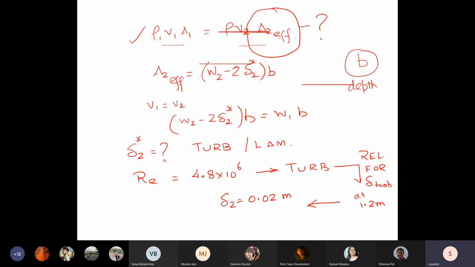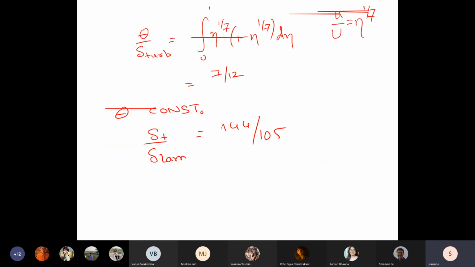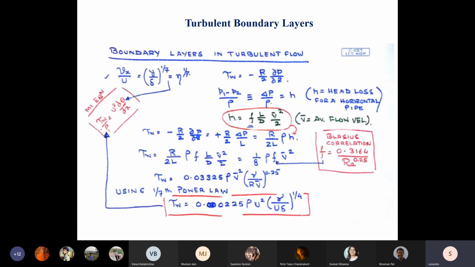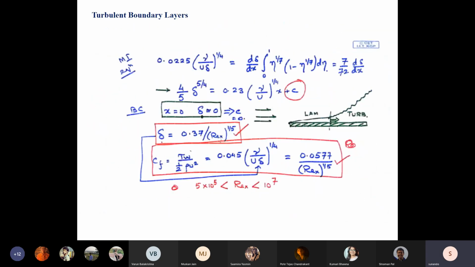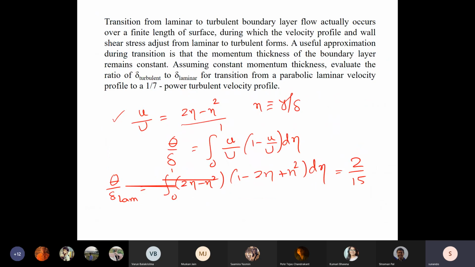I think we have solved one such problem previously, in the first part. If you recall, there was a flow through a 305 millimeter square duct, so all sides are 305 millimeter each. In that case, we have considered growth of boundary layer from all sides.